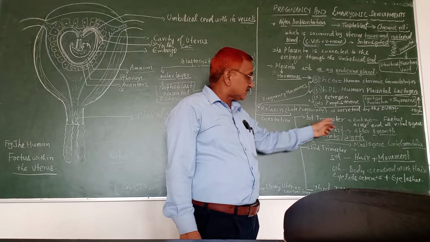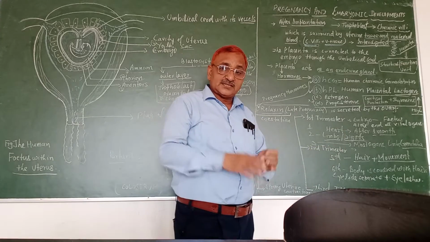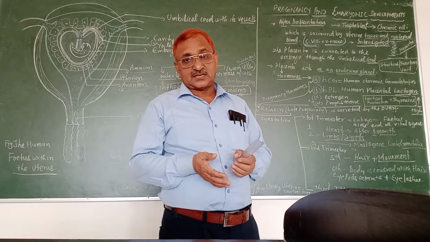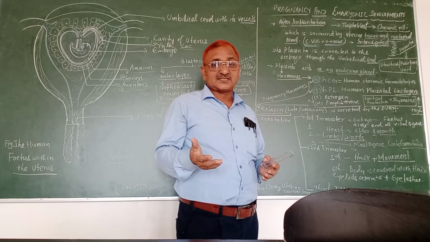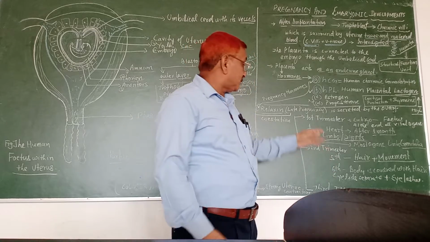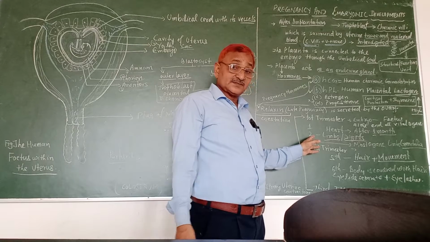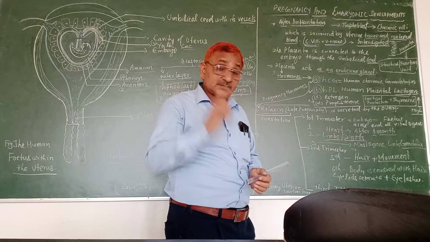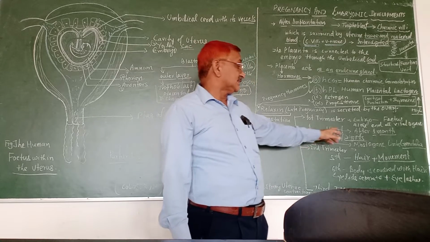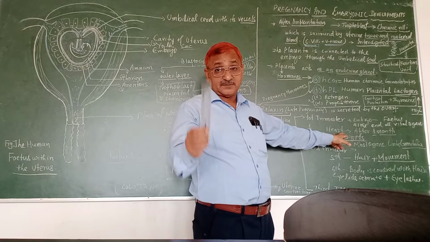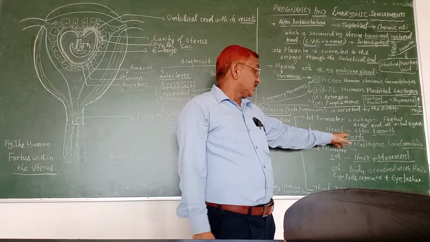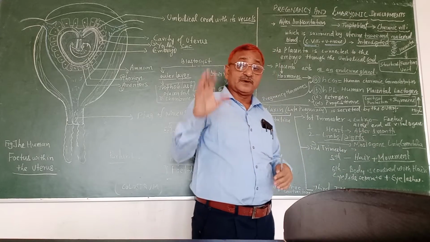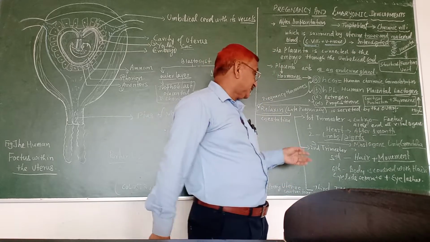Like in the first trimester, we divide the whole 9 months of the period approximately into 3 terms: first trimester, second trimester, and third trimester. So in the first trimester, what happens? After 1 month completion of the embryo, it gets the heart. Remember, after 1 month, the heart forms and the throbbing of the heart can be felt.